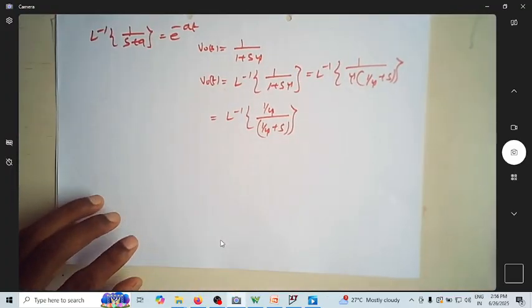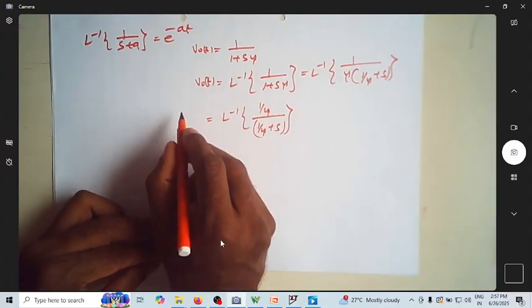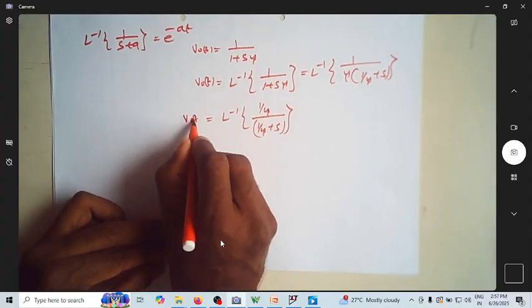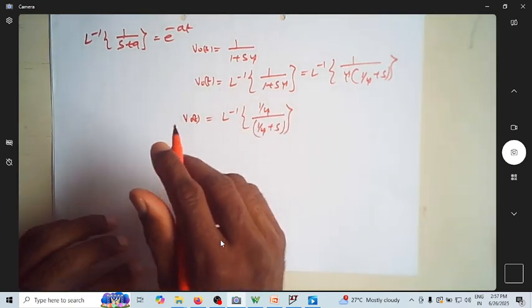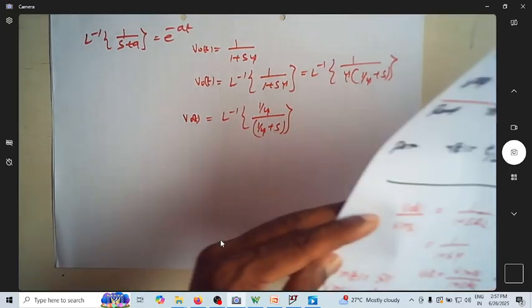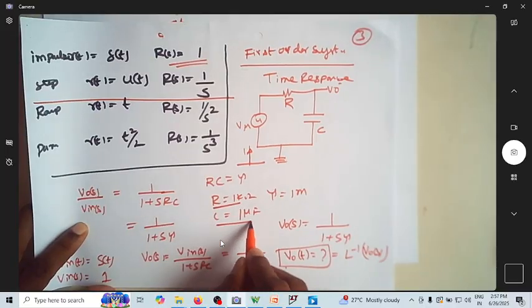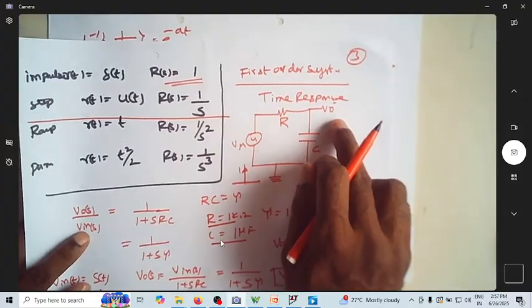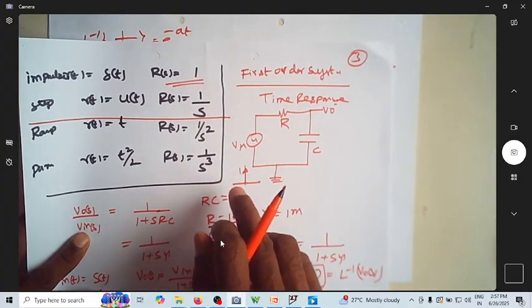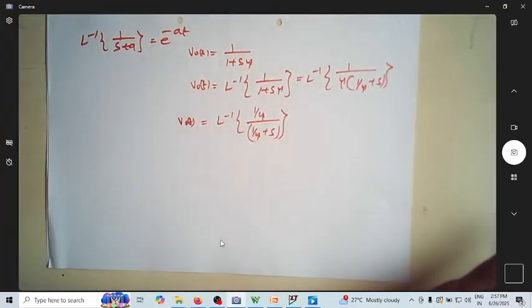We are trying to find the response, that is, the time response of the output voltage. Now let us consider the example of R equal to 1 k, C equal to 1 microfarad, and try to find the output of this circuit for a delta function of unit magnitude.